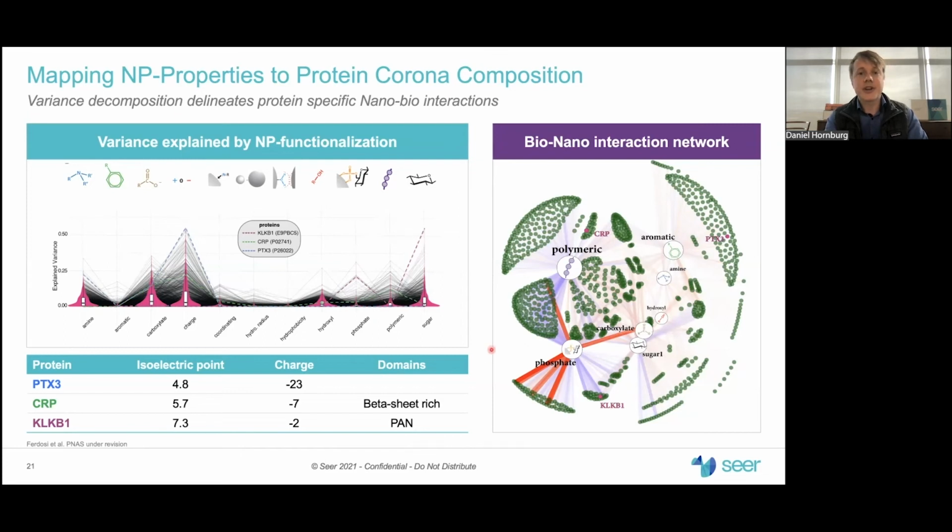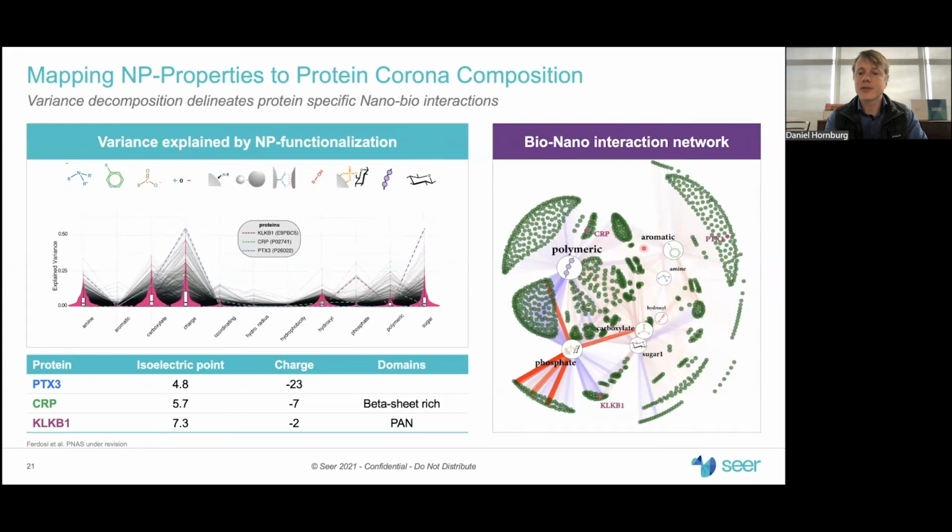So we can transfer that now to some type of network analysis where we have in green all the points indicating proteins identified across all these particles. And then we have the nanoparticle properties, and we ask, within this experiment, how much of the observed intensity is connected to a particular functional group.